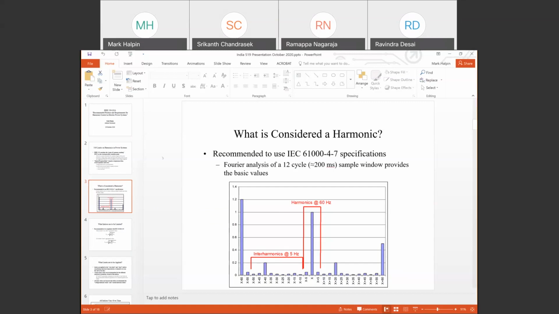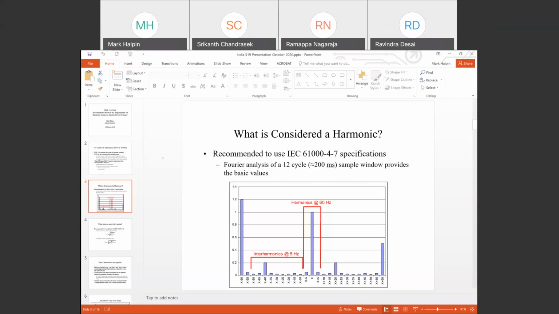And in that IEC standard, the Fourier analysis of the waveform is conducted using a 12 cycle window, which is about 200 milliseconds of data. What that does is produce not just harmonic results at the integer harmonic multiples, but also what we call interharmonics.